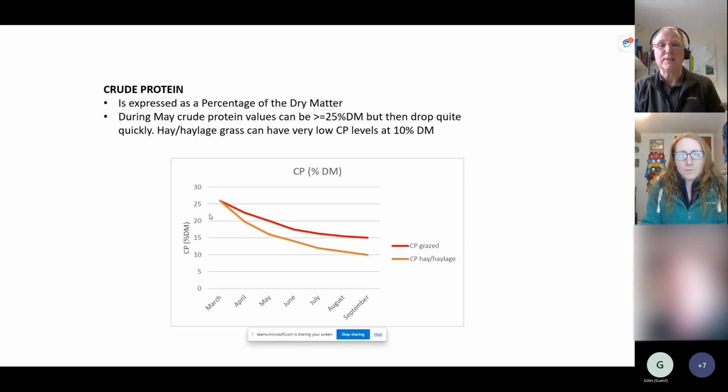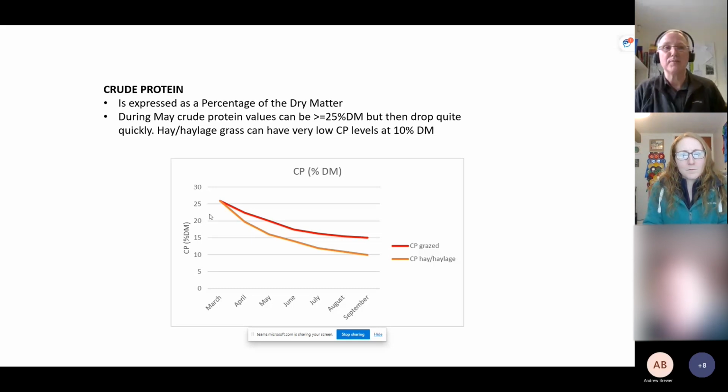So let's consider the fact that, as we've seen, the dry matter increases through the year in a grazed sward. But then in a scenario where you have different forms of grass, different scenarios, different management systems, the protein as a whole tends to drop. So at this time of year, you tend to be at the highest level of protein in grass.